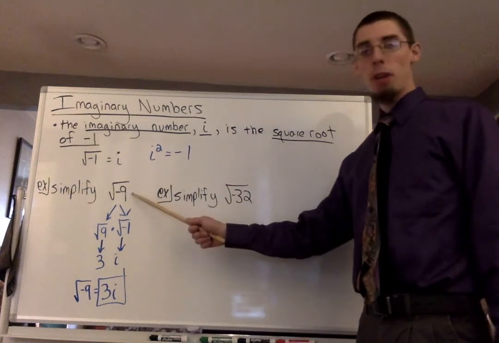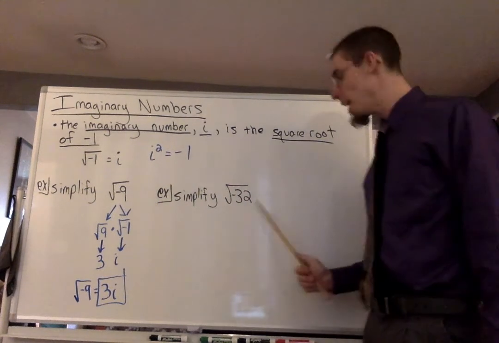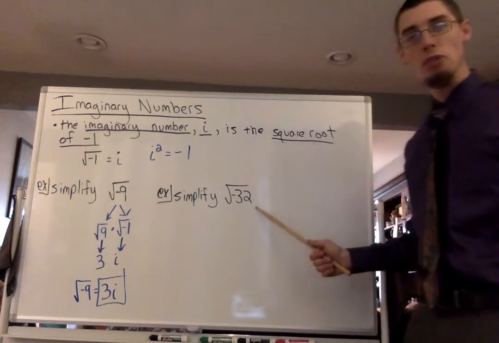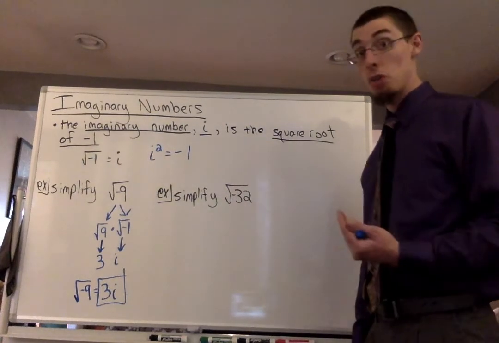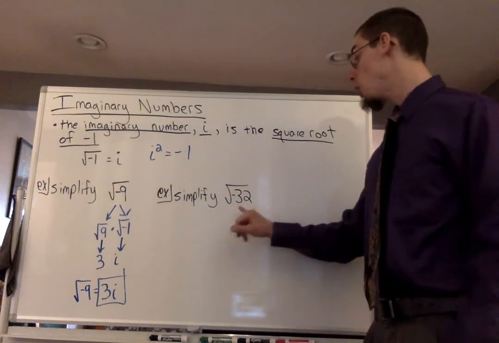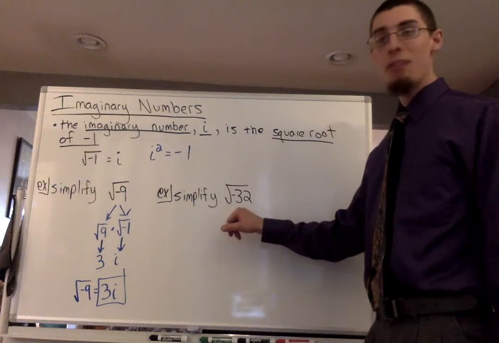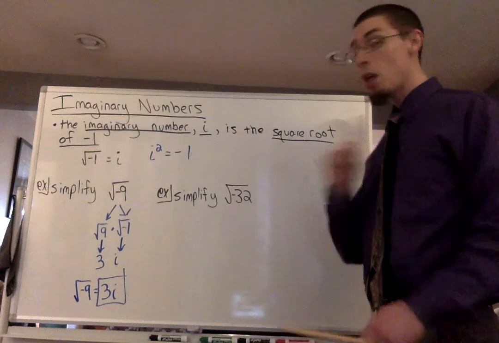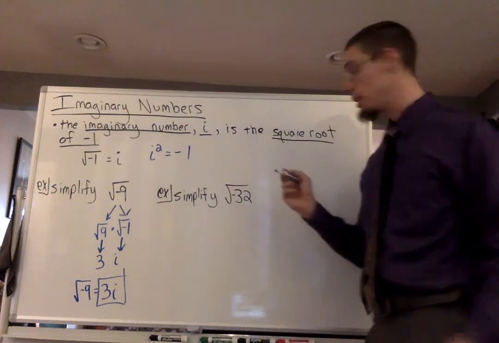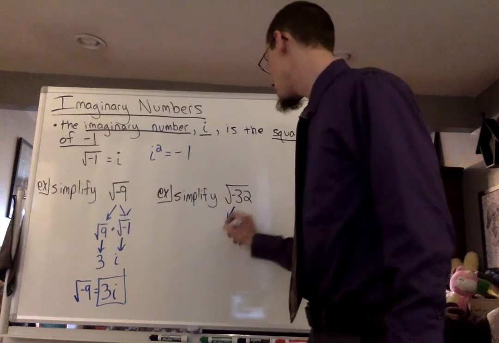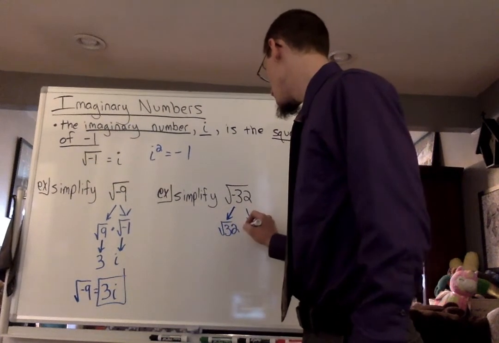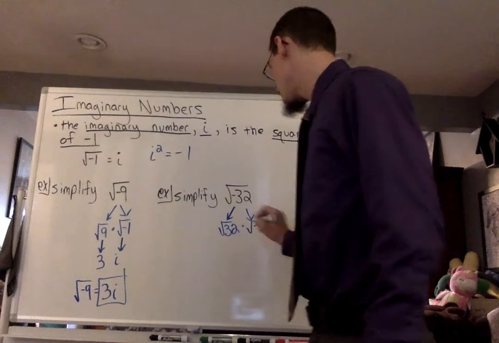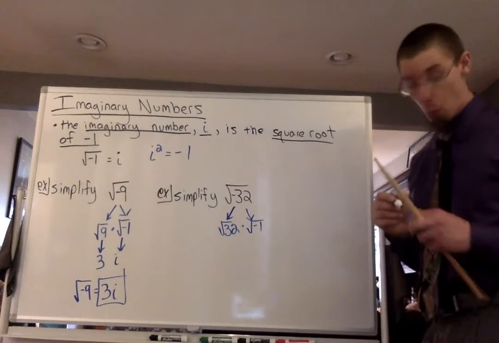But 9 was a perfect square. Not all numbers are perfect squares, so sometimes we need to take it a little bit further. With the square root of negative 32, the first thing I will do is split it up as the square root of 32 times the square root of negative 1.